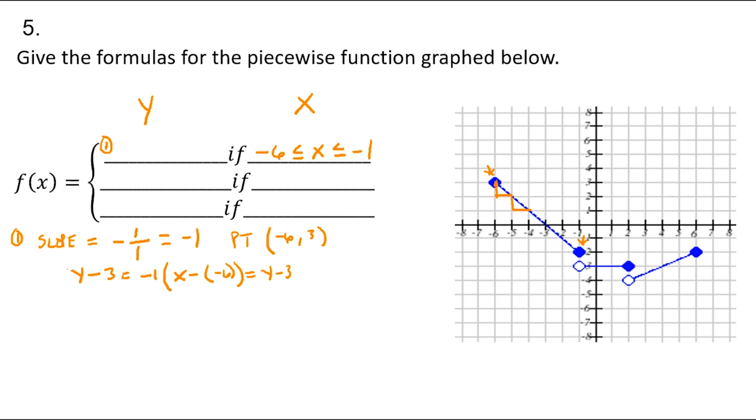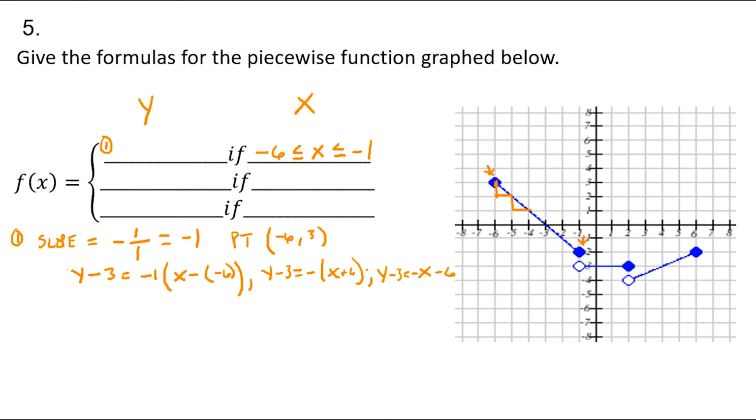So you don't get confused with too many equal signs, I'll put this here: y minus 3, and then I get -1 times x plus 6, so y minus 3 equals -x minus 6.